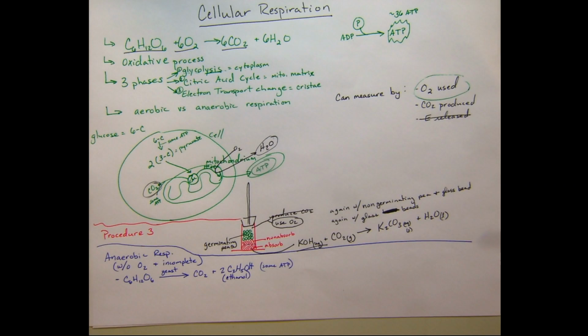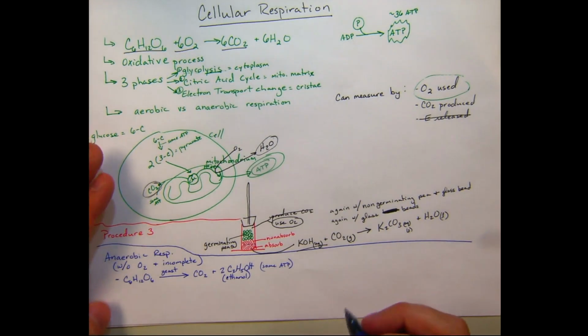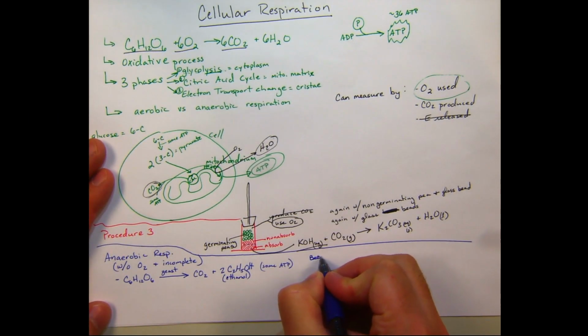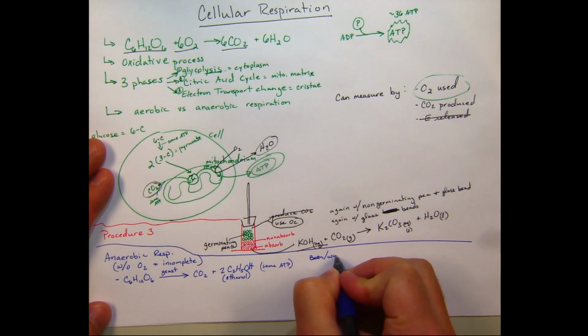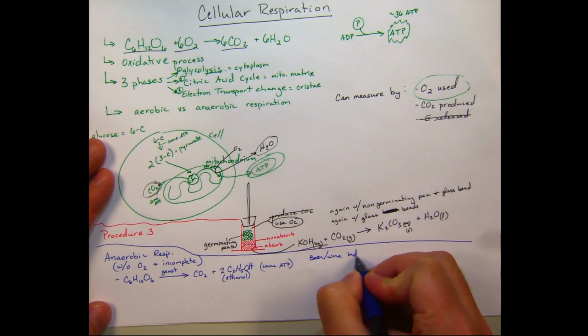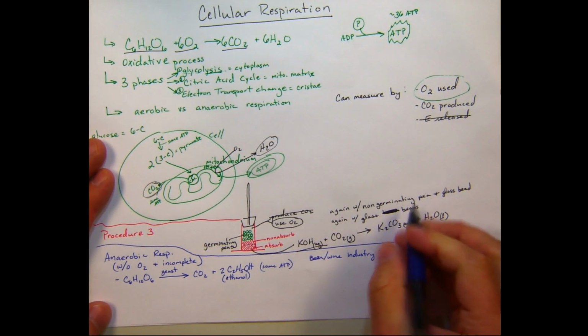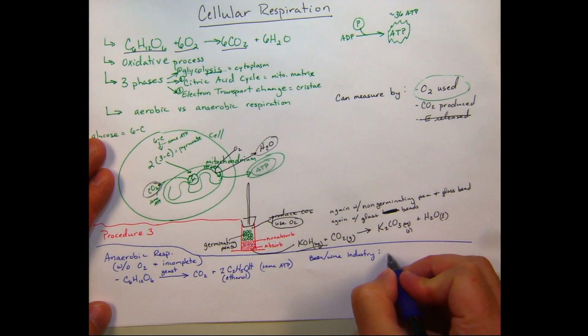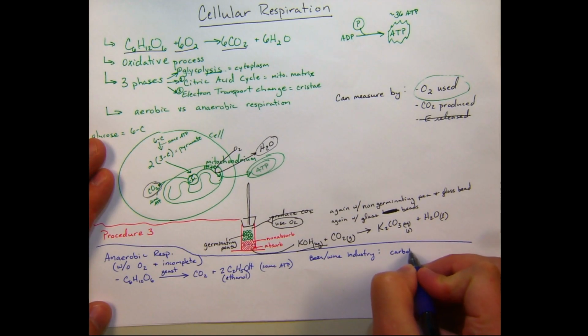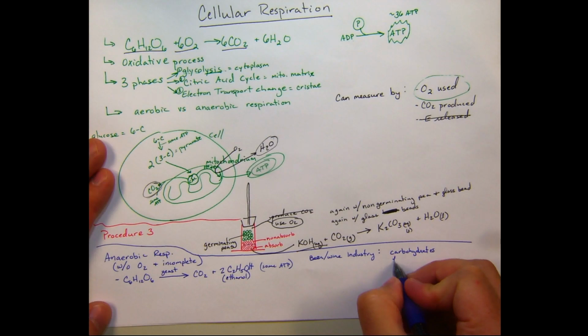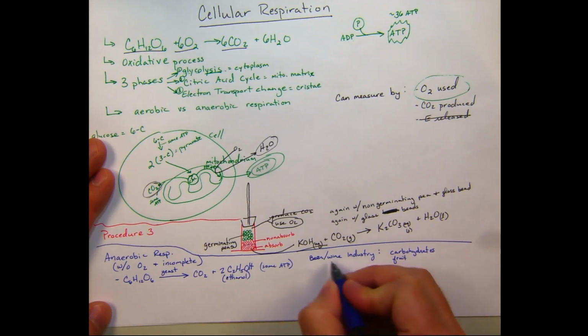Some companies use anaerobic respiration as their livelihood. For example, let's say the beer and the wine industry, what they do is they will take some sugars. Let's say we got some carbs, carbohydrates, maybe some fruits, because that's how you make wine.